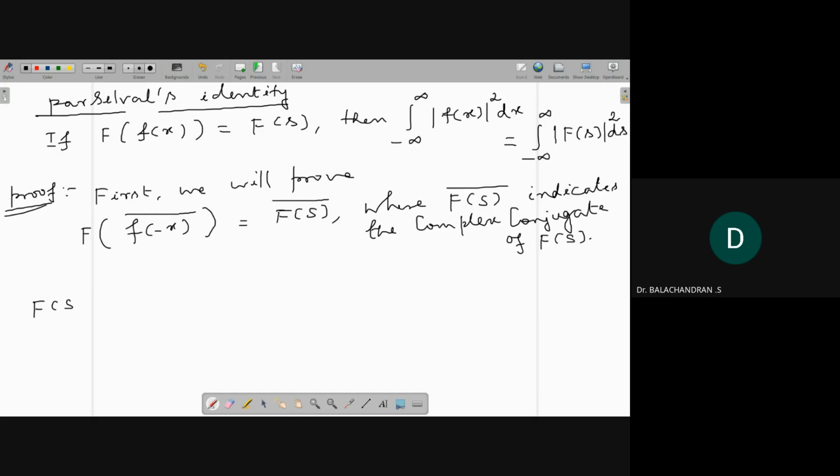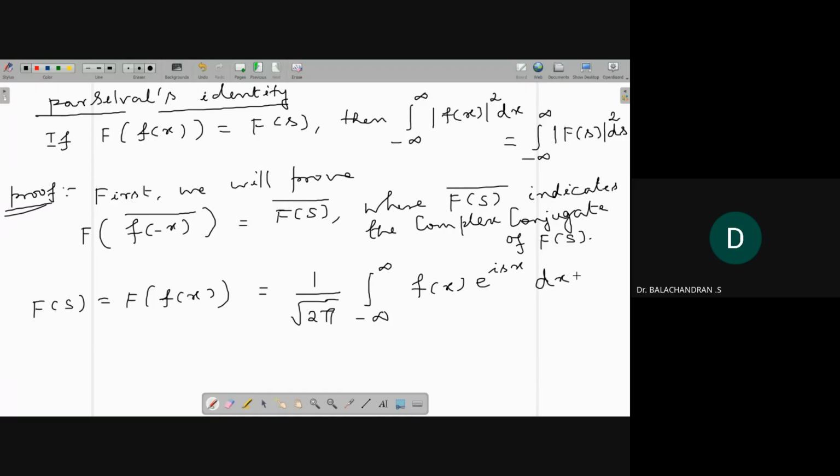F of s is equal to the Fourier transform of f of x, which is equal to 1 by root 2 pi, integral from minus infinity to plus infinity of f of x into e power isx into dx.